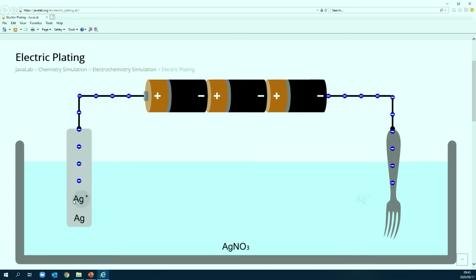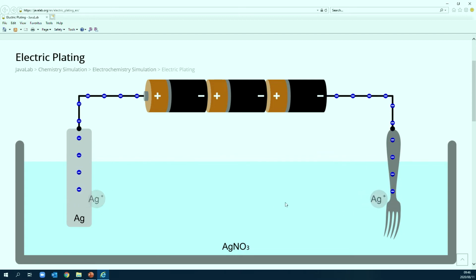So the silver electrode undergoes oxidation, because oxidation always takes place at the anode, and it releases silver ions and electrons. The silver ions move across to the fork, it picks up the electrons, and those silver ions get reduced at the cathode, and that silver metal forms the coating on this fork, our cathode, our object which we want coated.